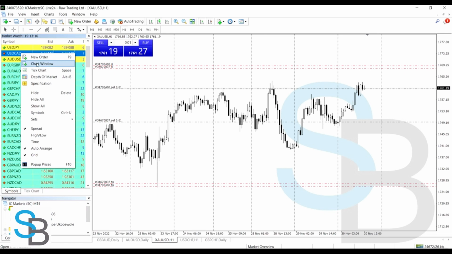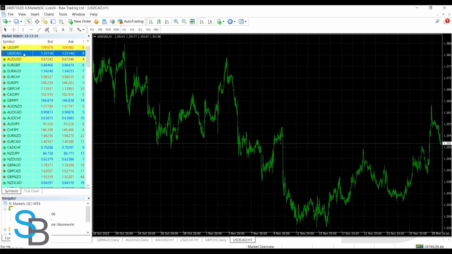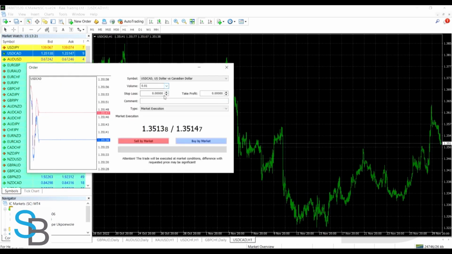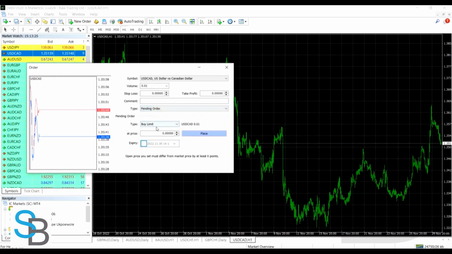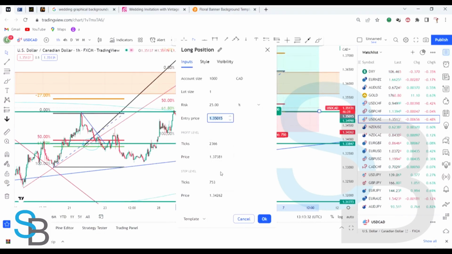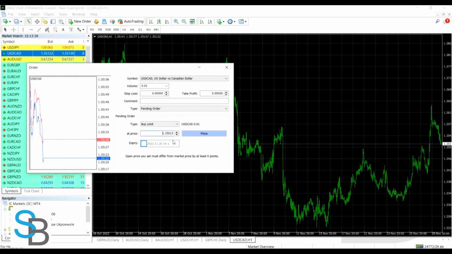Open chart USD CAD, new order, 0.01, pending order. It's buy limit, and this is the price. Then for the stop loss level, we have it like this: copy and paste.